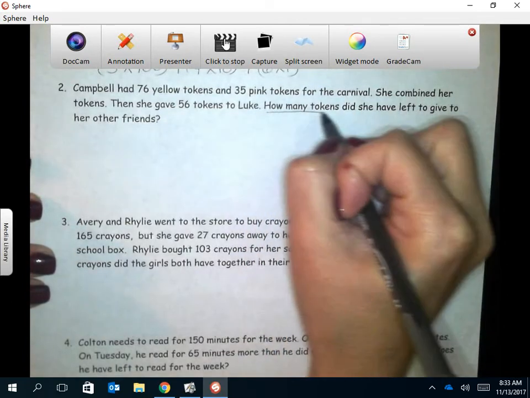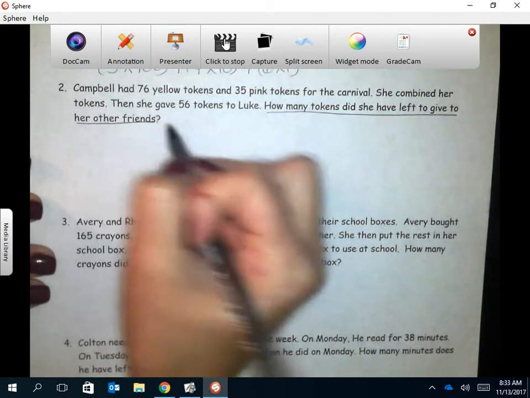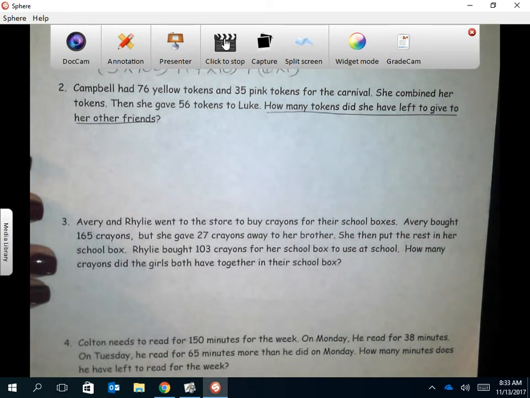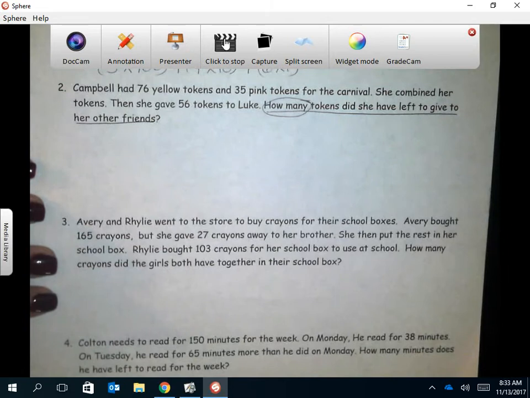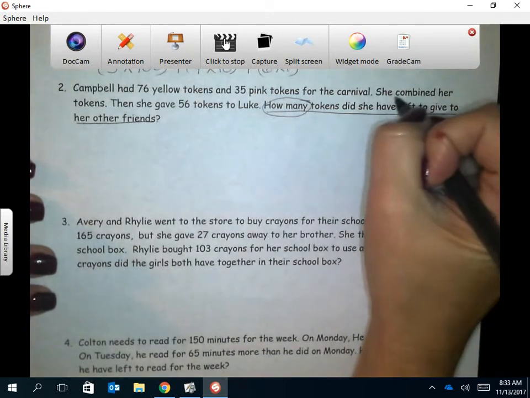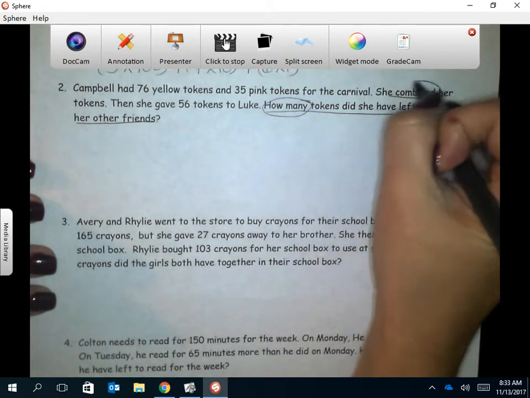I'm going to underline my question. Then I need to circle and notice keywords. Can somebody tell me something that's important in that question? How many? Okay, so how many? What else? She combined. What does combine usually mean?